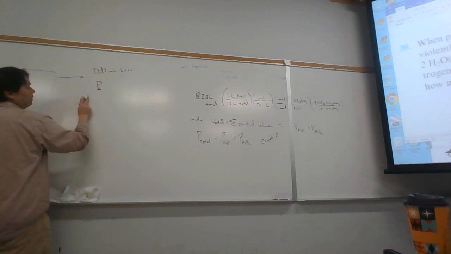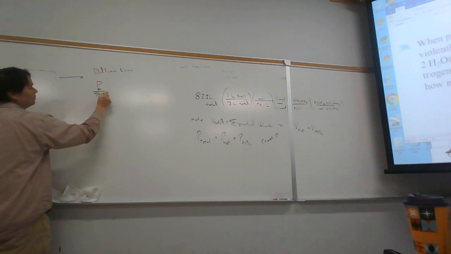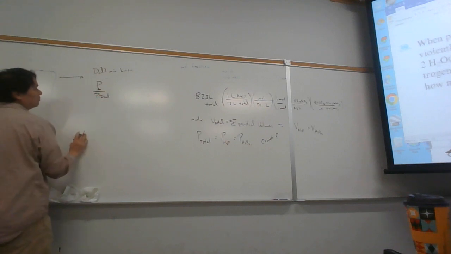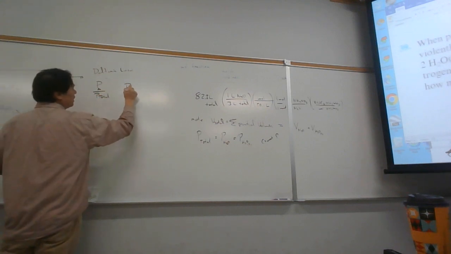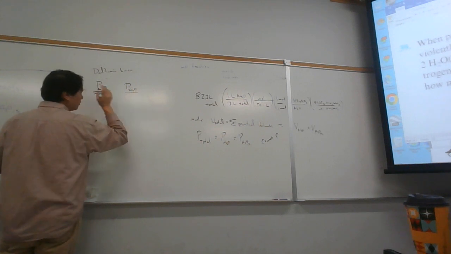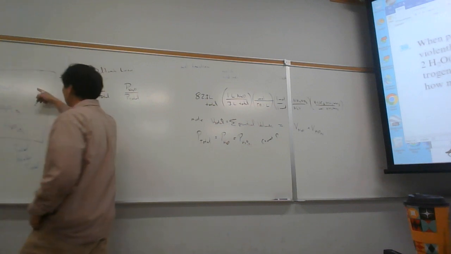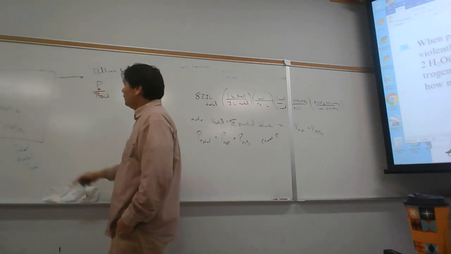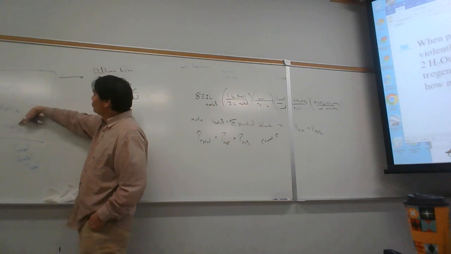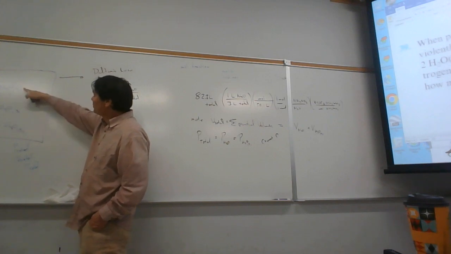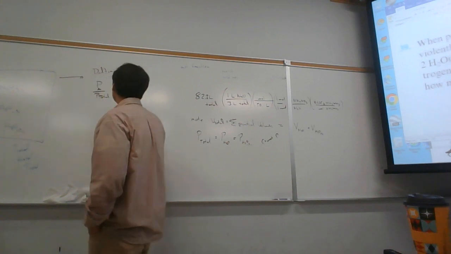So the pressure fraction of A is PA over P total. And so we're going to look at the pressure fraction of nitrous oxide. Nitrous oxide will be 1/3 of the total pressure because 1/3 of the collisions will be due to nitrous oxide, 2/3 of the collisions will be due to the water.